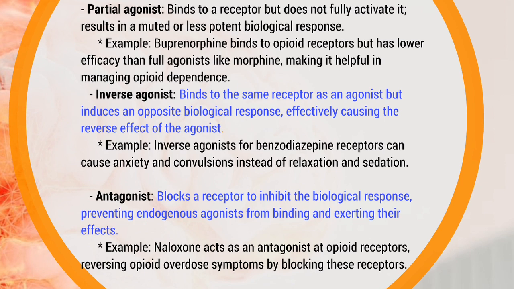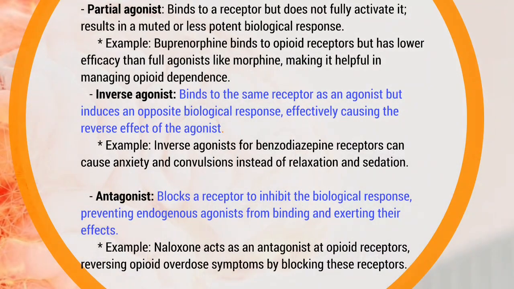The antagonist, on the other hand, blocks a receptor to inhibit the biological response, preventing the endogenous agonist from binding and exerting its effect.